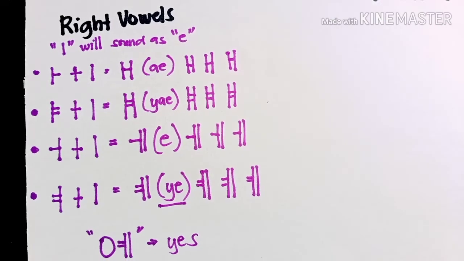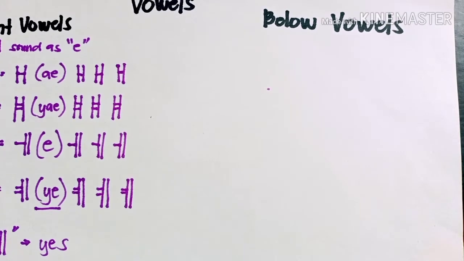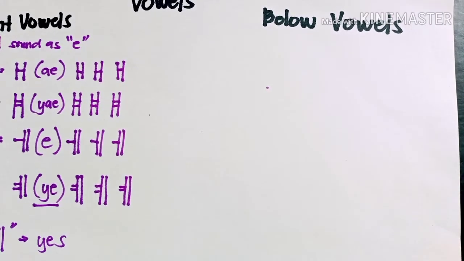So, let's proceed to the 7 below vowels. In below vowels, we also have a rule.